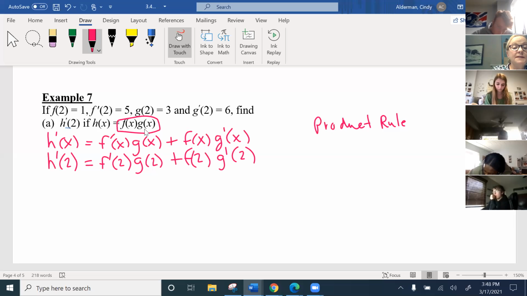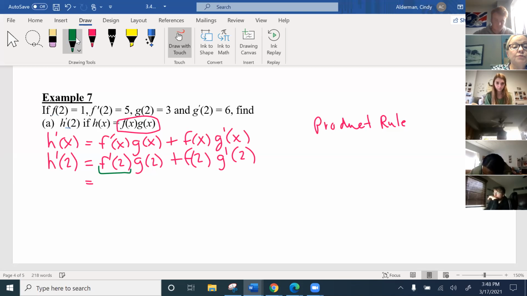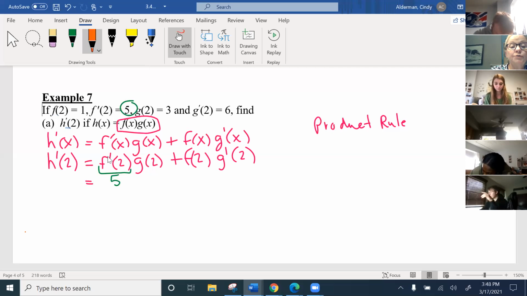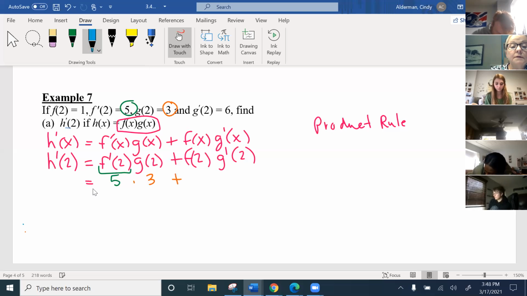So here you're just going to plug in the numbers. So f prime of 2 is equal to 5, right? Maybe I'll color code this for you. F prime of 2 is equal to 5. Let's see, g of 2 is equal to 3. And f of 2 is equal to 1.